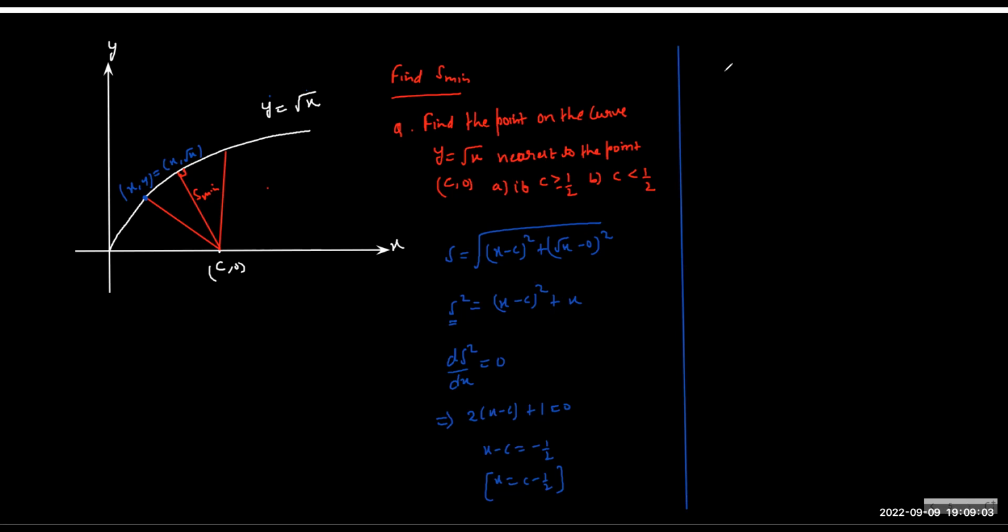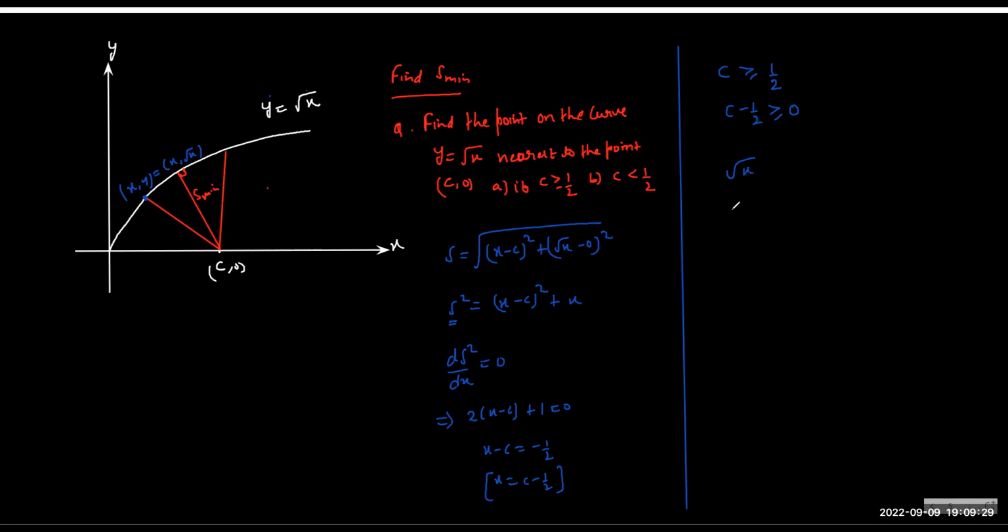So if c is more than or equal to 1 by 2, so c minus 1 by 2 is more than or equal to 0, isn't it? Yes, sir. And because this is more than or equal to 0, the root of a number is only possible when the number is positive. Understood?